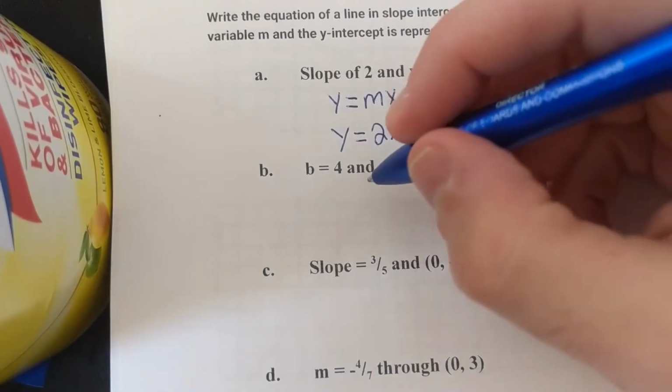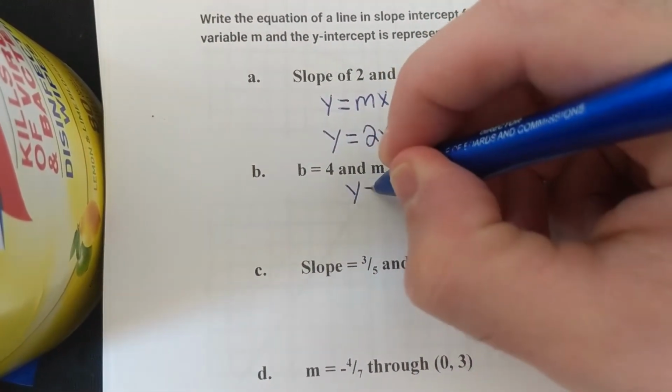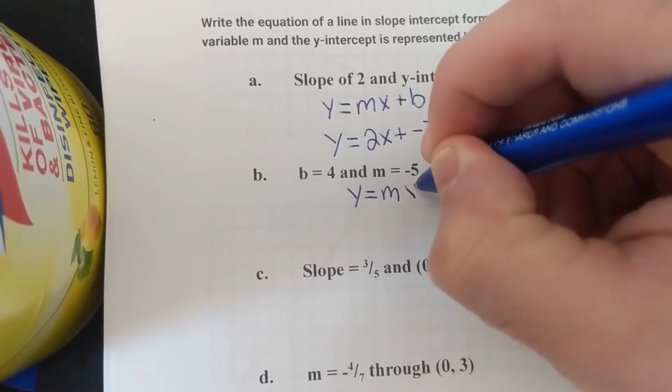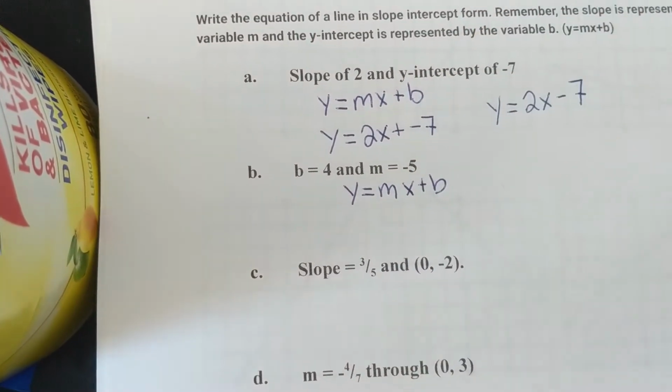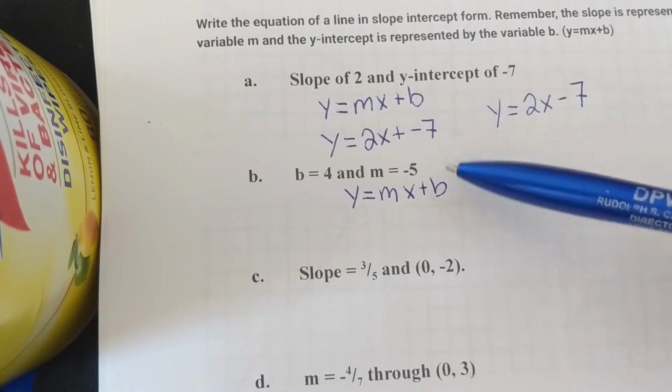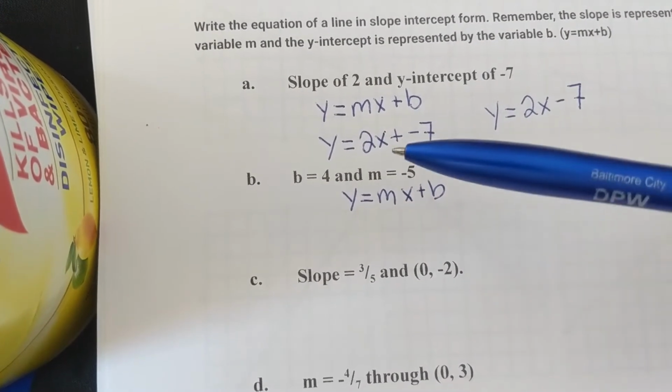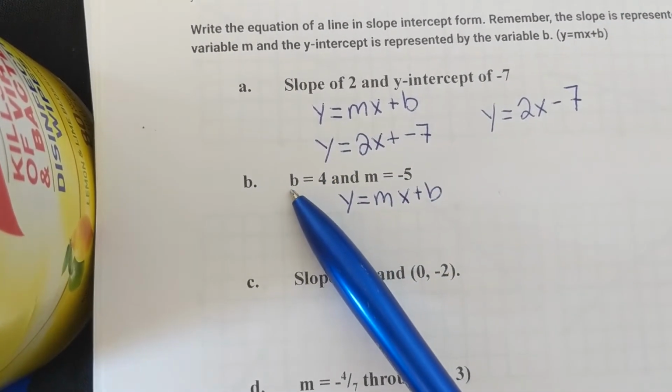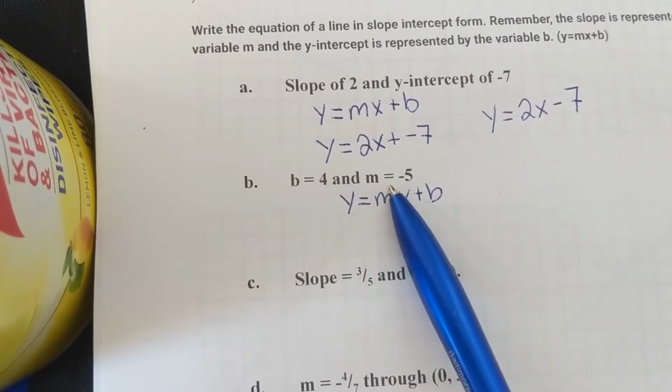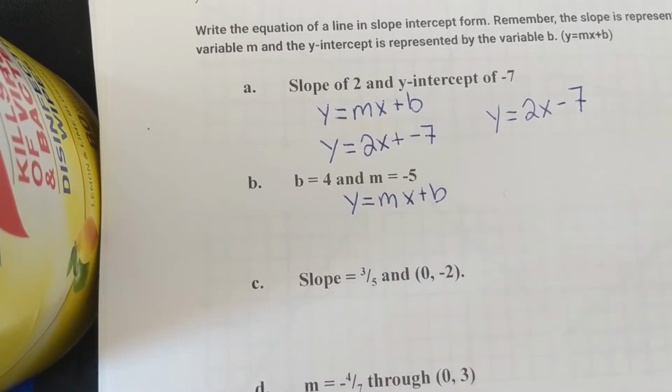If we look at B, same thing. For all of these, it gives you a little bit of a different situation, but it says that b, or the y-intercept, is 4, and m, or the slope, is -5.